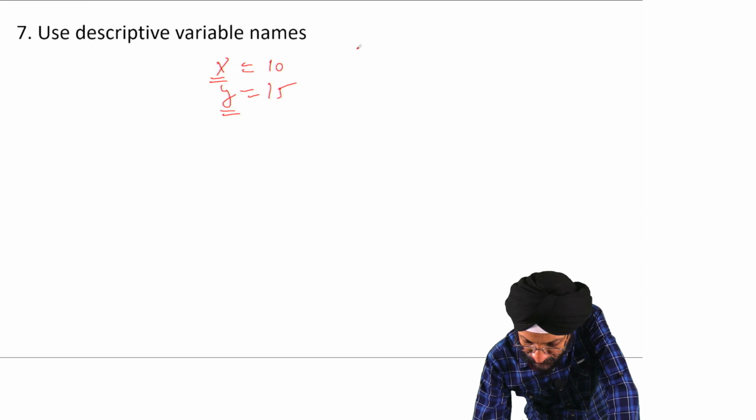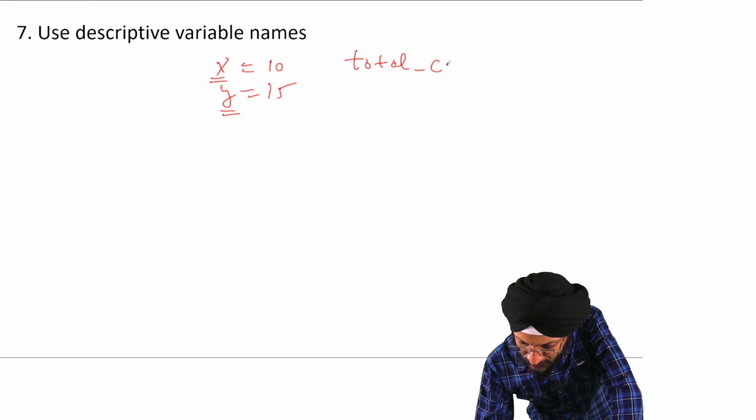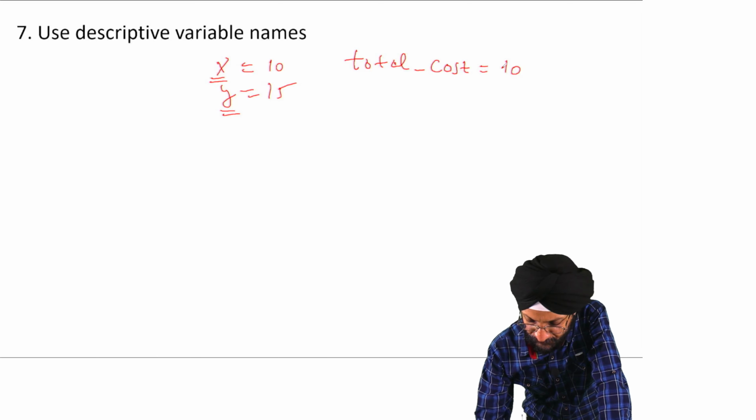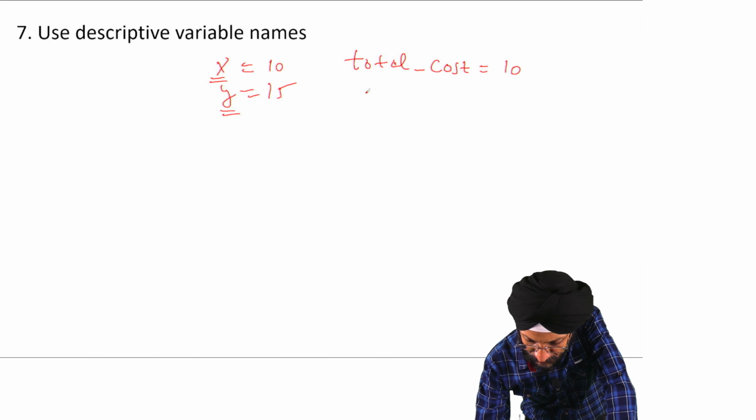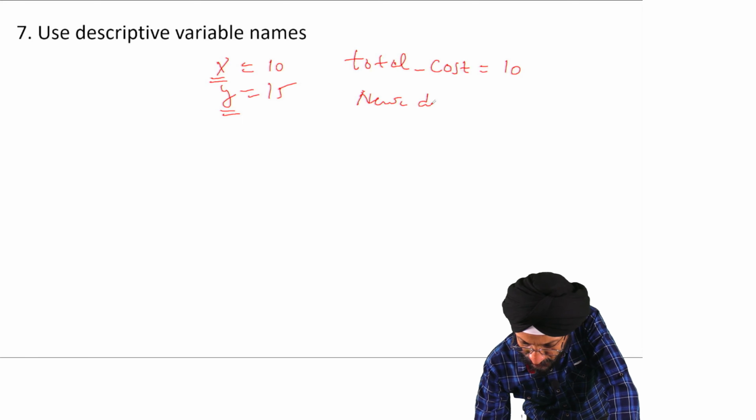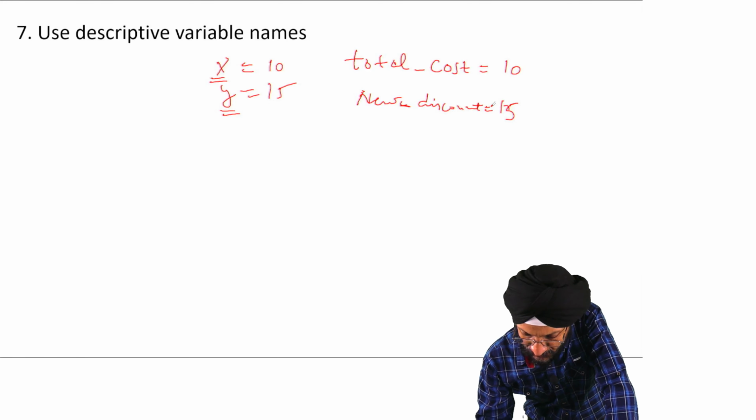For example, we can write total_cost = 10, or new_discount = 15.